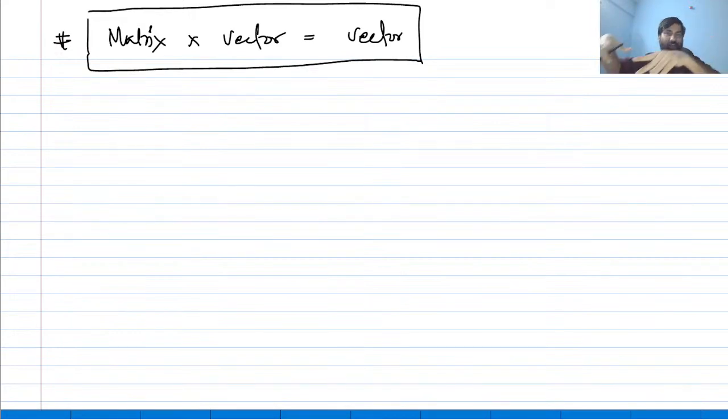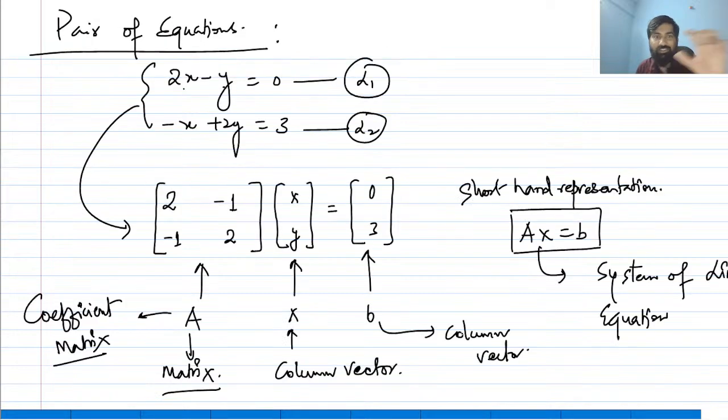The matrix into vector, you are getting the vector itself. Yes, Saurabh, 1 and 2. Have you ever made an observation like this? Why are we calling it a vector? Because there are two components. You will understand why we call it a column vector as well.